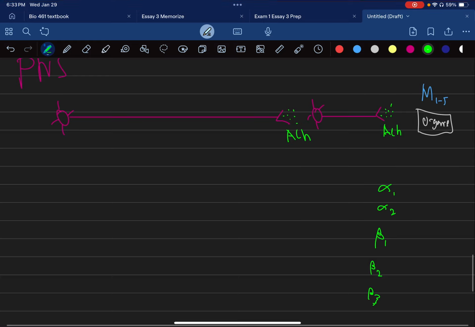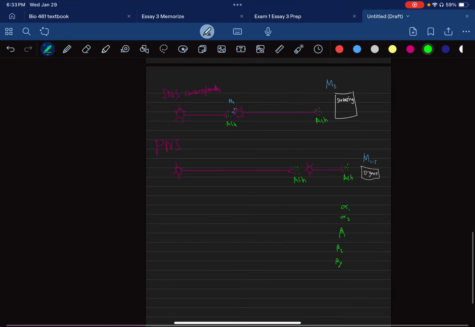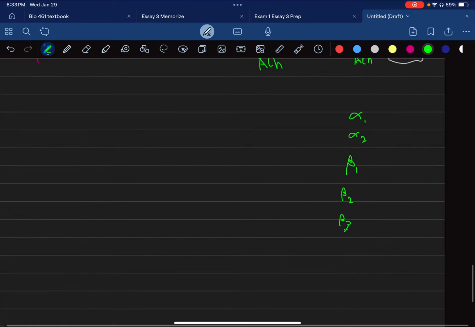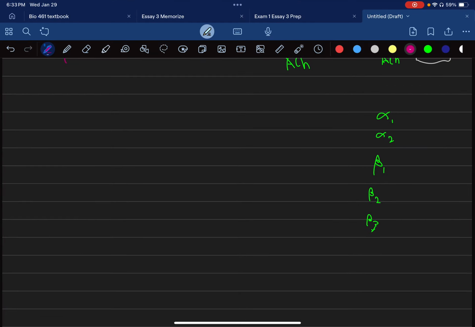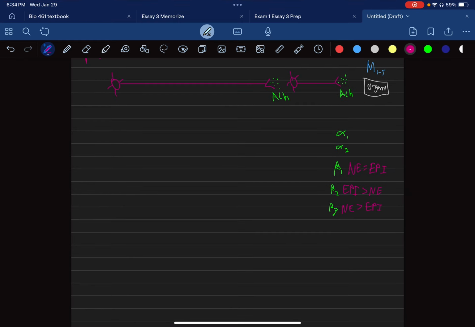But obviously all of these are going to be able to bind to norepinephrine and epinephrine, but some of them will like epinephrine better than others. For example, beta 1 likes norepinephrine and epinephrine equally, but beta 2 is actually going to favor epinephrine more, if I'm not mistaken. And then beta 3, norepinephrine more than epinephrine. So depending on what neurotransmitter, different receptors are going to be available.